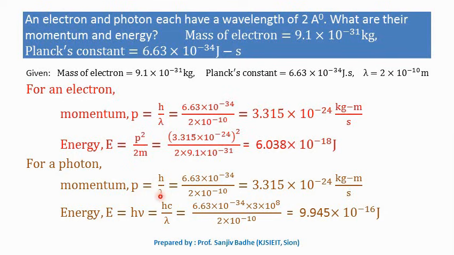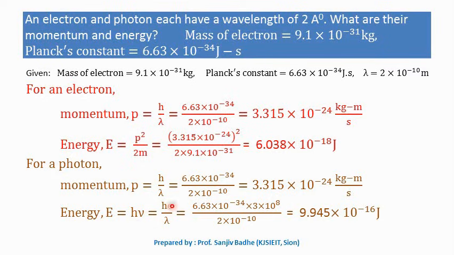p is equal to h by lambda, and it will be the same as the momentum of an electron, 3.315 into 10 raised to minus 24 kg meter per second. For energy we can use the relation E is equal to h nu, which is equal to hc by lambda. So nu is the frequency of the wave associated with the photon.